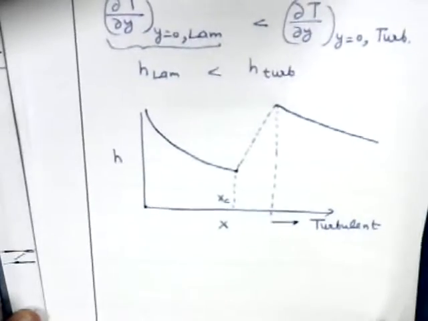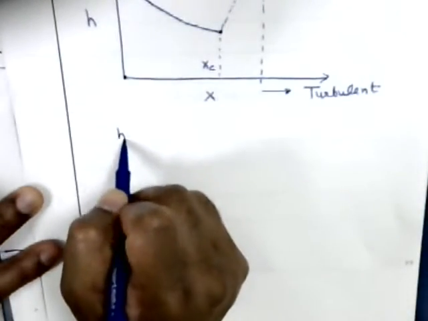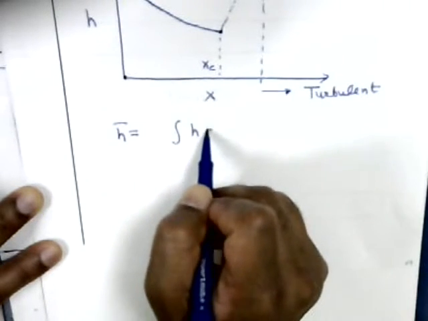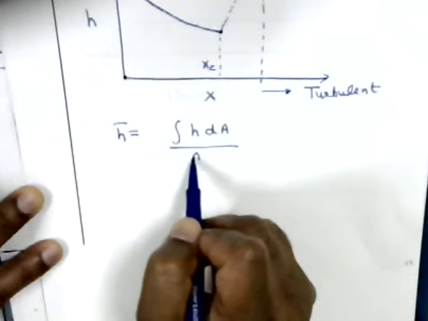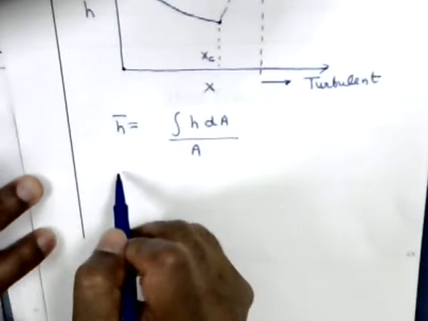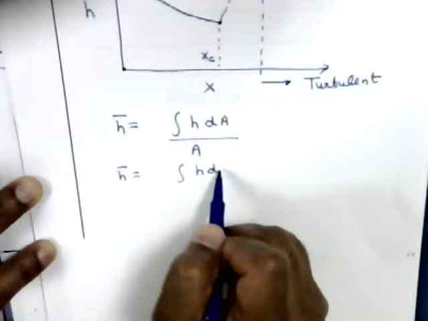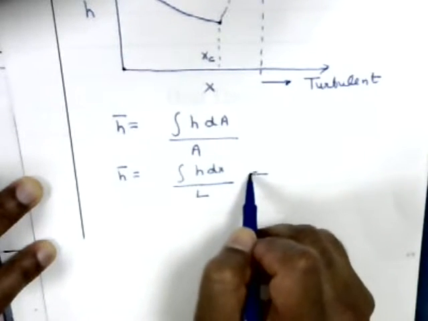We can also define an average convection coefficient. An average convection coefficient you can write as integral h dA over A, the surface area. Okay. For a flat plate, it becomes just integral h dx over L. So this will be for a flat plate.